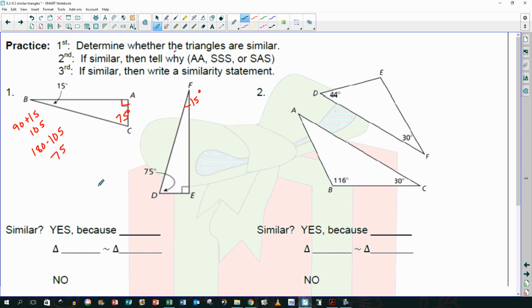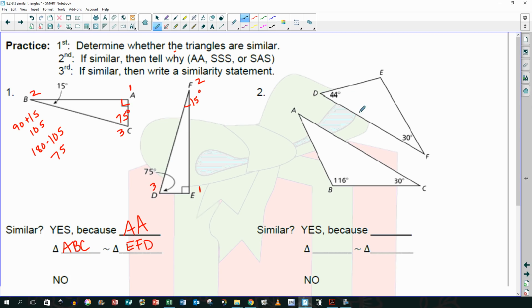So these two are similar by angle, angle, because two angles are congruent to two angles. So triangle ABC is similar to EFD. I started with the 90, went to the 15, to the 15, to the 75, to the 75.